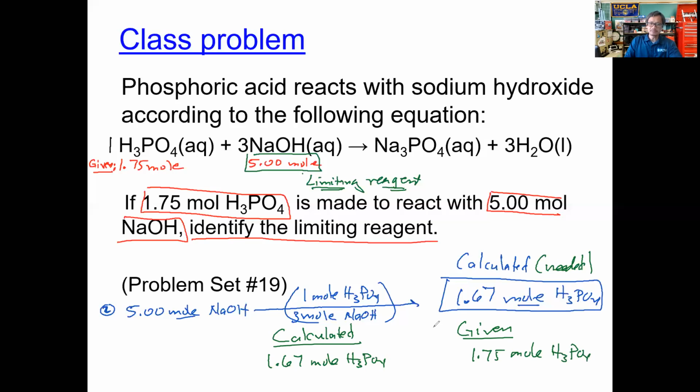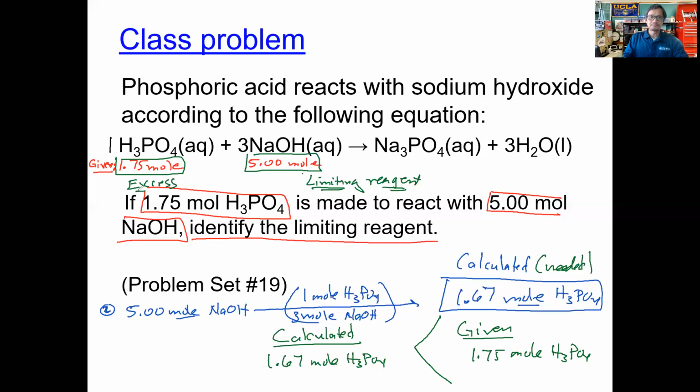And if you notice here, this time the given amount is greater than the calculated amount. We need 1.67, but what we were given to start out with is 1.75. So we have more than what we actually need, which makes this amount of H3PO4 our excess.